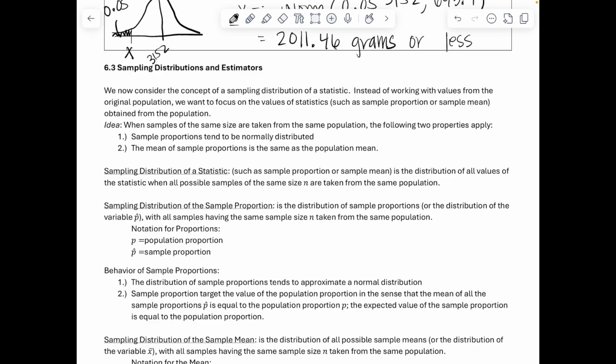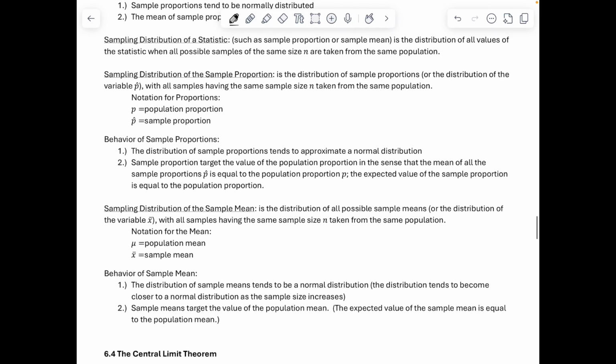Sampling distribution of a statistic, such as sample proportion or sample mean, is the distribution of all values of the statistic when all possible samples of the same size are taken from the same population. Sampling distribution of a sample proportion is the distribution of the sample proportion, or the distribution of the sample variable p hat, with all samples having the same sample size n taken from the same population.